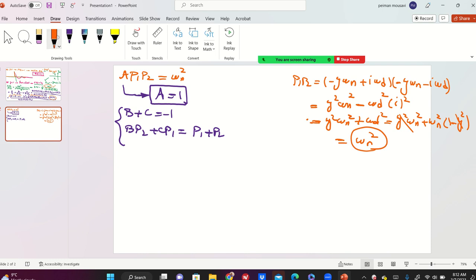So I'm multiplying both sides of this by minus p2 and then summing. If I do that, you're going to have c p1 minus c p2 equal to p1 plus p2 minus p2. That's right, this is 2.